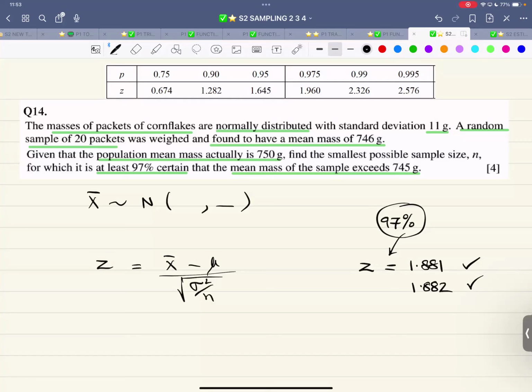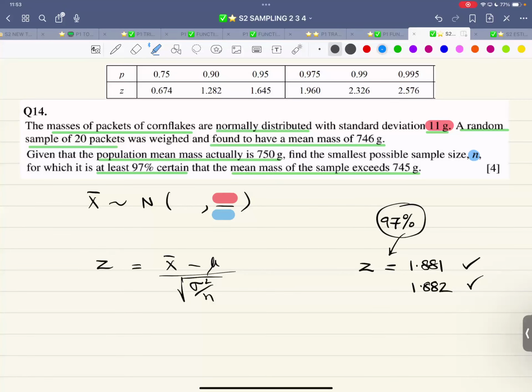The second thing is that I need to identify what goes where. So first of all, we have a standard deviation of 11 grams that will go over here with the square. The second thing is this n, smallest possible sample size n. So this n will go over here. Actually, variance divided by n.